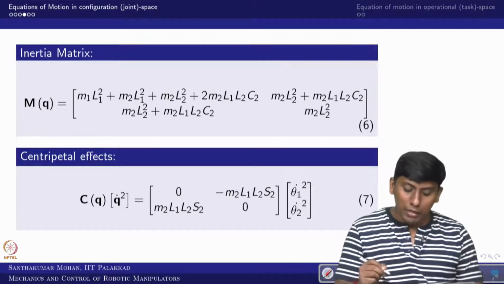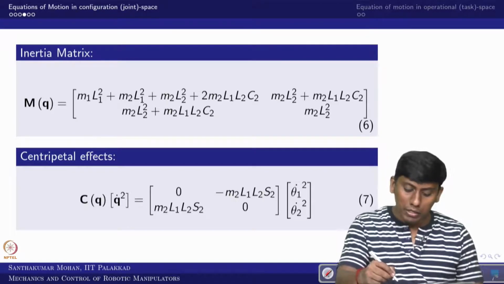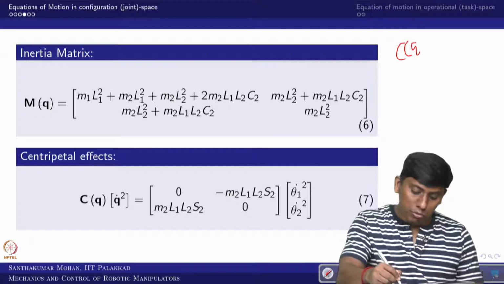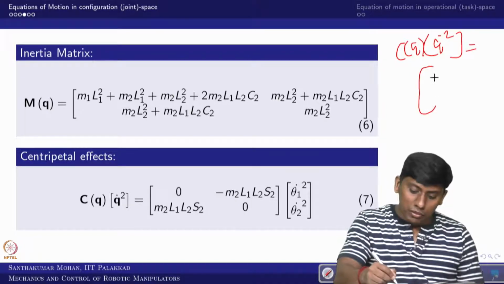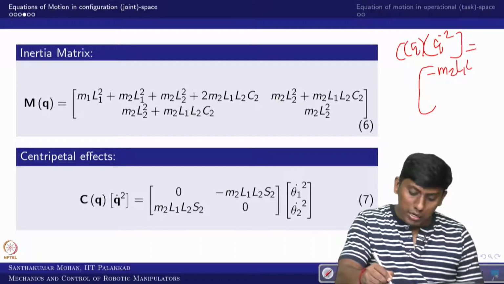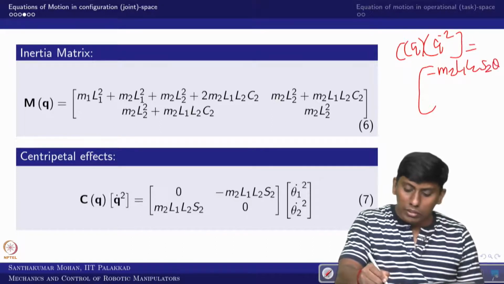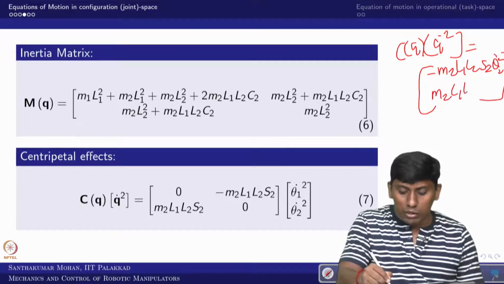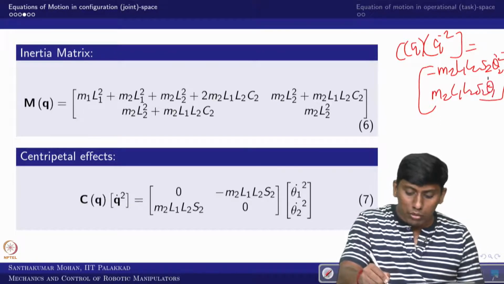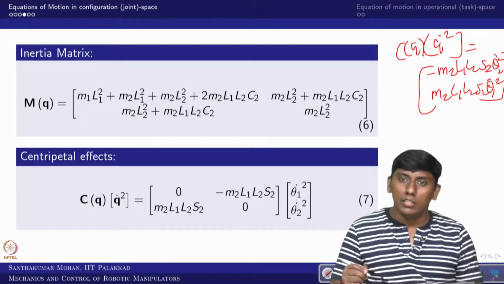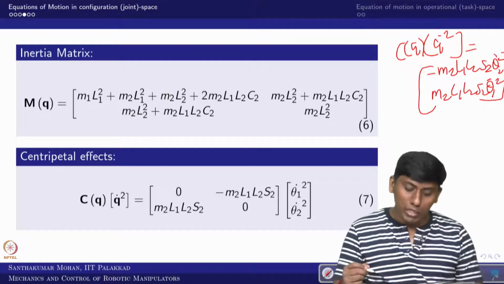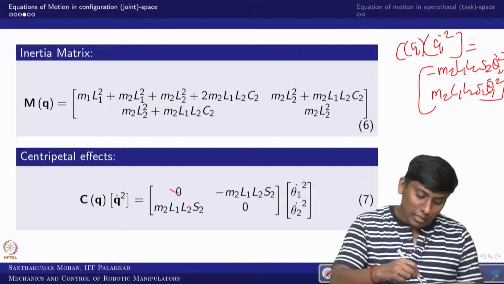You just multiply, and you can see that related to tau 1, the C of q comma q dot squared is giving the terms minus m2 L1 L2 S2 theta 2 dot squared. This is m2 L1 L2 S2 theta 1 dot squared. So this is matching with your previous derivation, right? But by looking at this matrix, what one can see is the diagonal is 0.